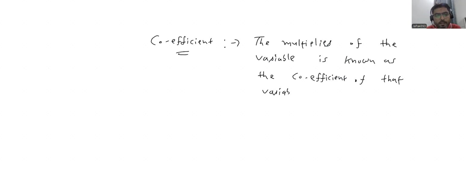Again, I'm repeating the previous algebraic expression, 3x plus 2, okay? Now we are identifying what are the variables, what are the constants, and what are the coefficients, right? First of all, x, y, and z are variables. Make sure that now you really realize what the variables are.